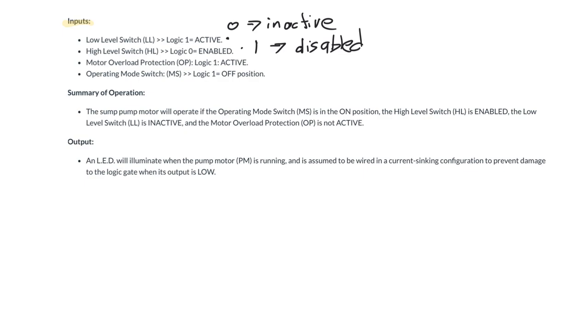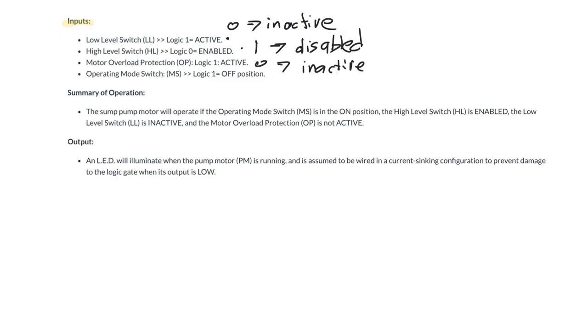Motor overload protection is logic 1 when active, 0 when inactive. A motor overload is there to disconnect the motor from the line if there's a problem of some sort, either mechanical or an electrical short, that makes it draw too much current.